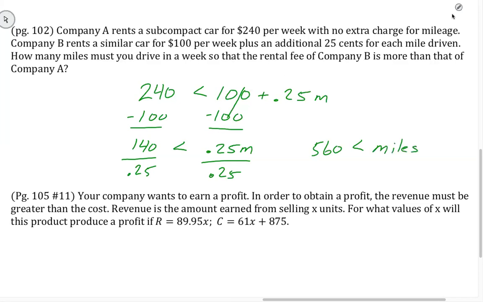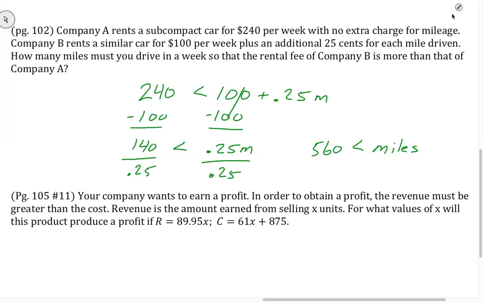So you would need to drive more than 560 miles a week in order for Company B to be more expensive. So that's the break-even point, and that's very important to know.